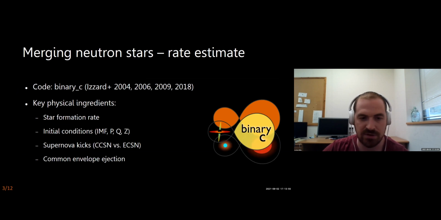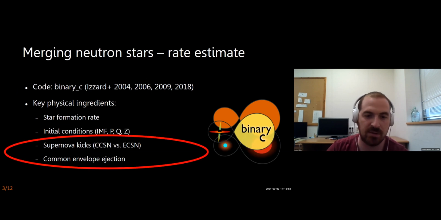And the two things that, as I mentioned, we focus on are the supernova kicks and the common envelope ejection. And we focused on the kicks of electron capture supernovae. So we treat kicks differently for core collapse from iron core or from electron capture. And we keep the kick velocities for the core collapse constant and focus on the electron capture supernova kicks. And in our simulations, the electron capture supernovae are the dominant formation channel of the merging neutron stars.